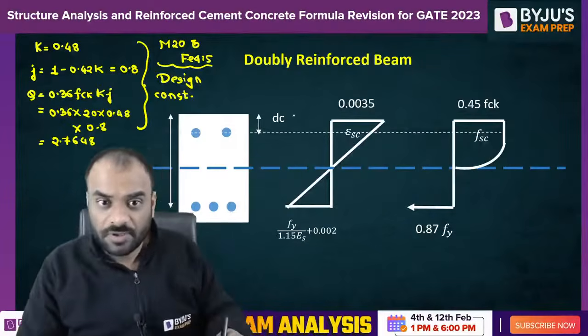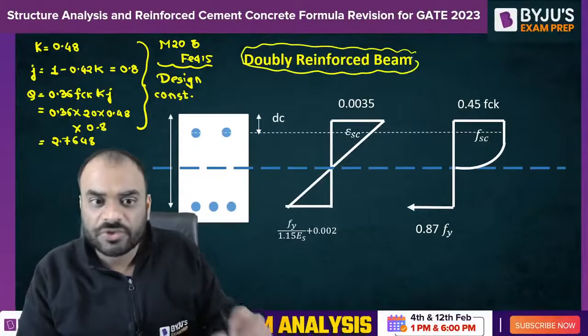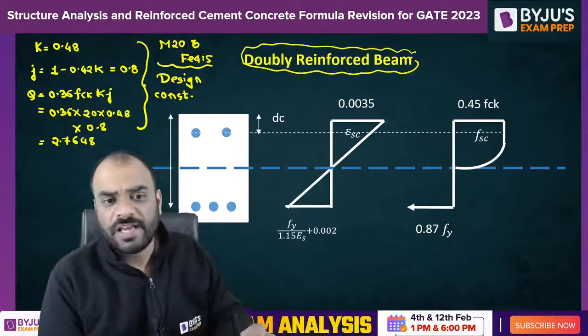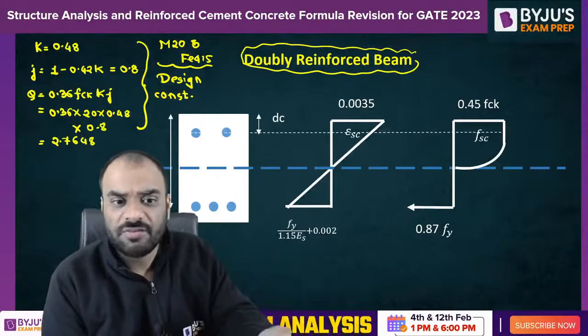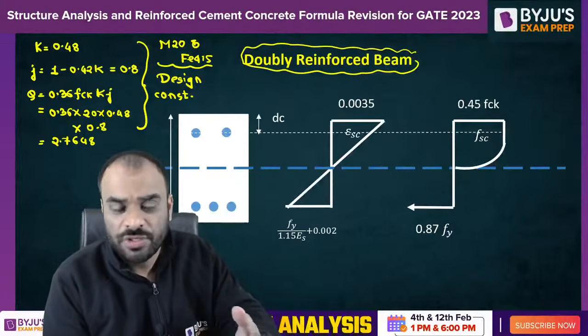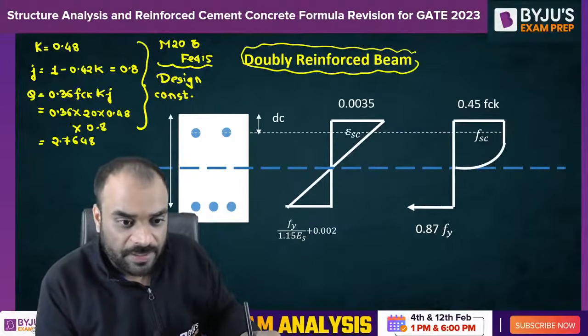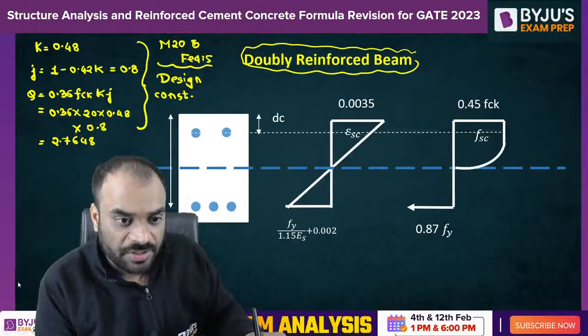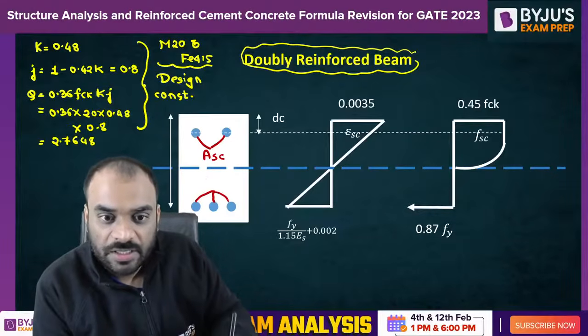Okay, understood? The next one is our doubly reinforced beam. You know that a doubly reinforced beam is the section in which the compression and the tension reinforcement both are used while designing. This one is Asc, the area of compression reinforcement, and this one is the area of tension reinforcement.